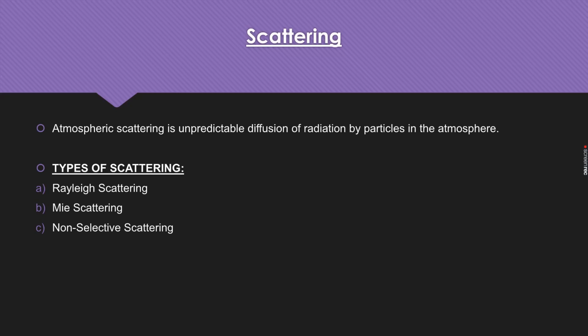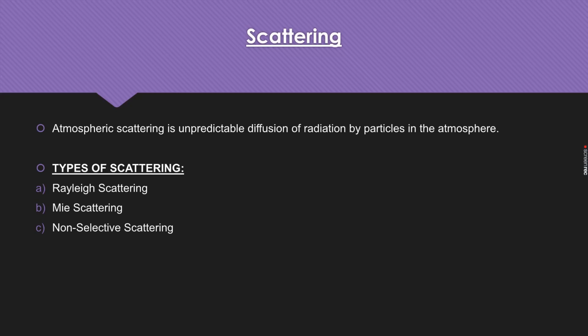As you all know, the atmosphere is basically a blanket which is covering the earth, and it is comprised of water vapors, dust particles, and water droplets, and so on. It is comprised of many types of particles.